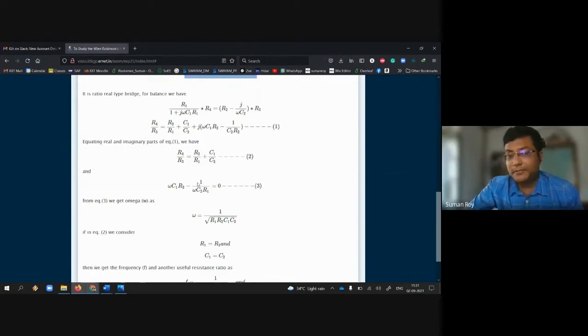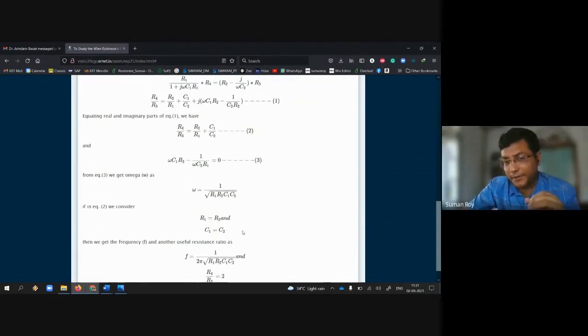Now from equation number 3, we can easily say that omega C1 R2 should be equal to 1 by omega C2 R1. From there, we get omega squared C1 C2 R1 R2 equal to 1, or omega is equal to 1 by square root of R1 R2 C1 C2.